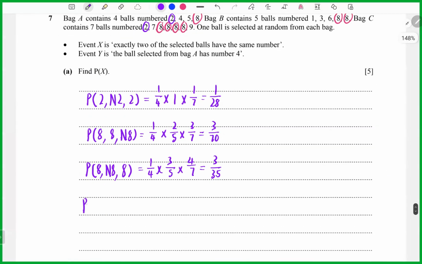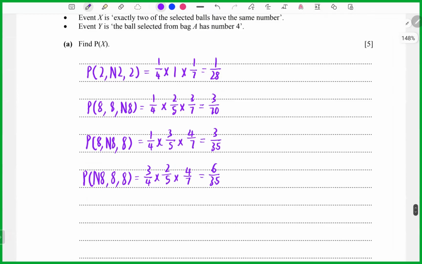Okay, now we try to look at the last. So I get 3 over 4 times 2 over 5 times 4 over 7. So I will get 6 over 35. So now we try to get the total.